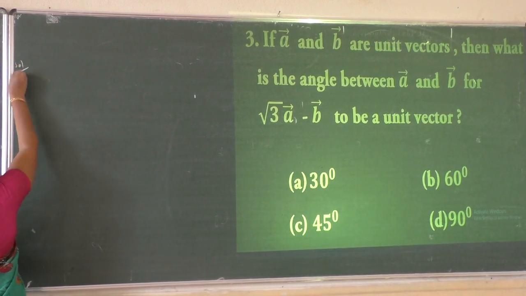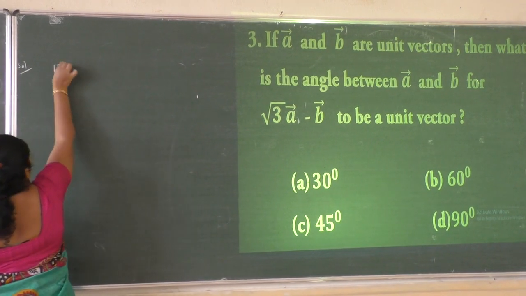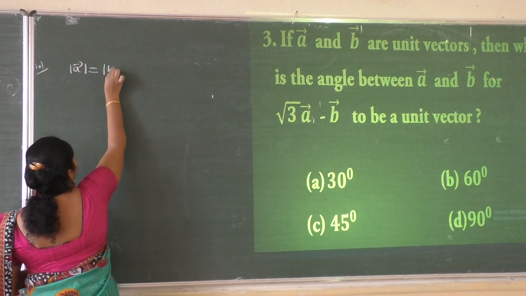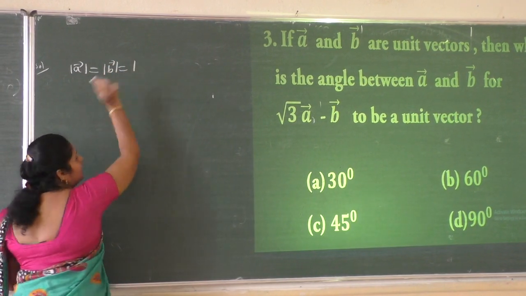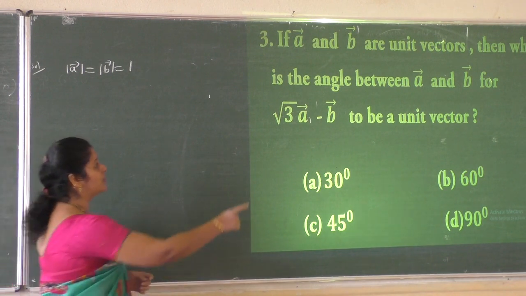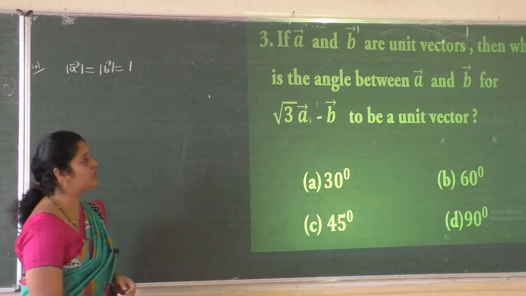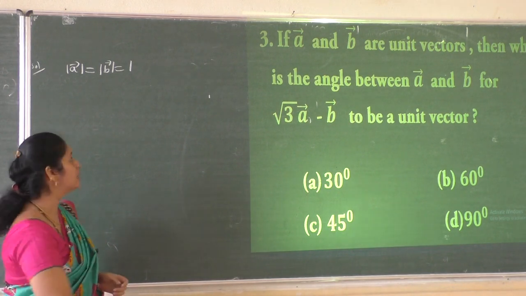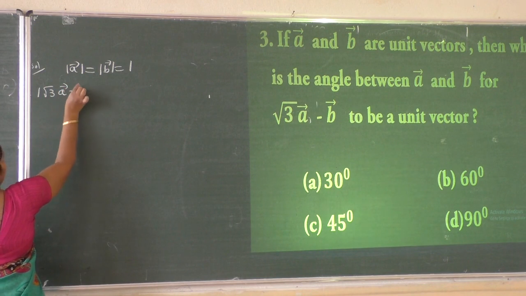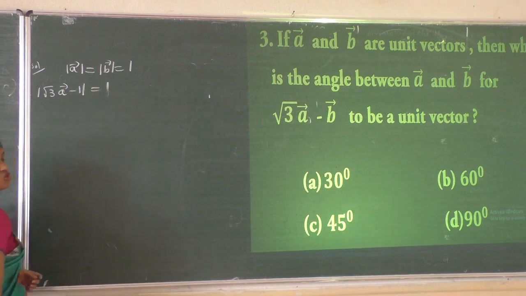Okay, now the magnitude of vector A is 1, as a unit vector is given, which is the same as the magnitude of vector B; both are 1. Then the vector root 3 vector A minus vector B is a unit vector, that is also given, so the magnitude of that vector is 1.